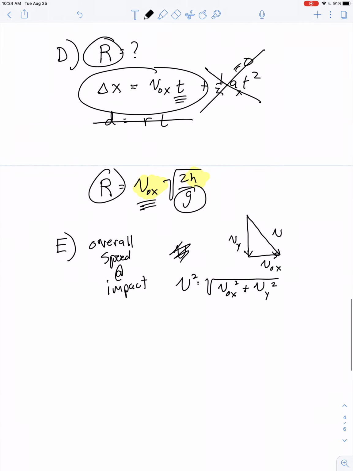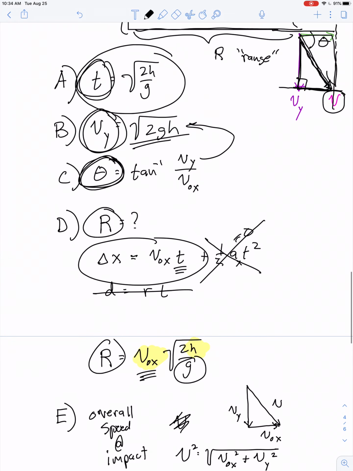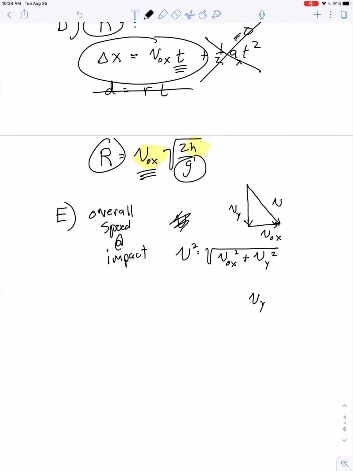Oh, wait a minute, Vy is the square root of 2gh, which means Vy squared is 2gh. So we could say that the total speed squared is equal to the initial horizontal speed squared, one of our given quantities, plus 2gh.